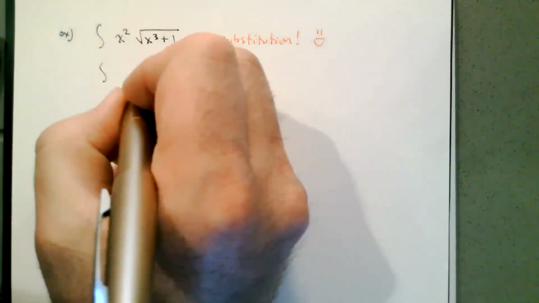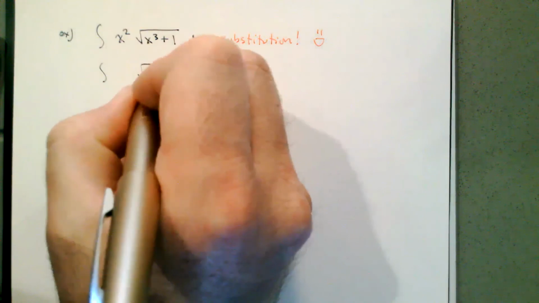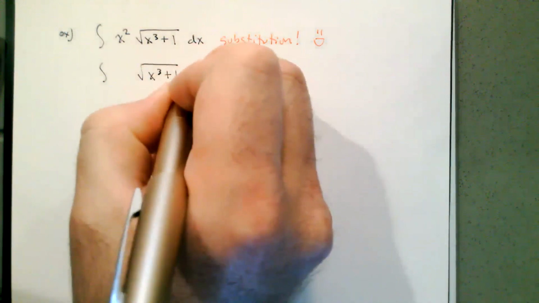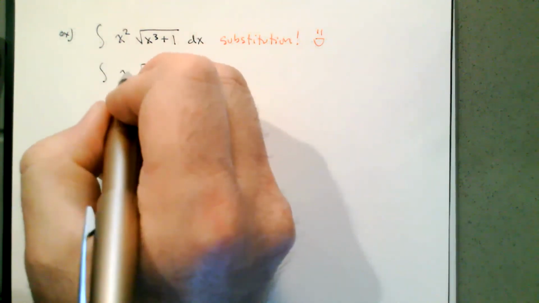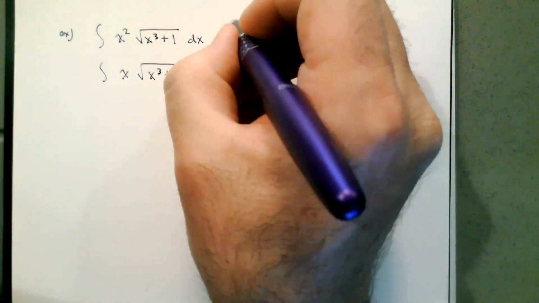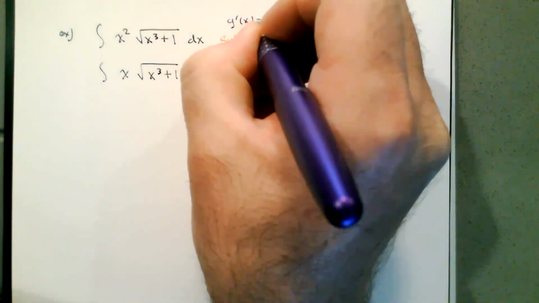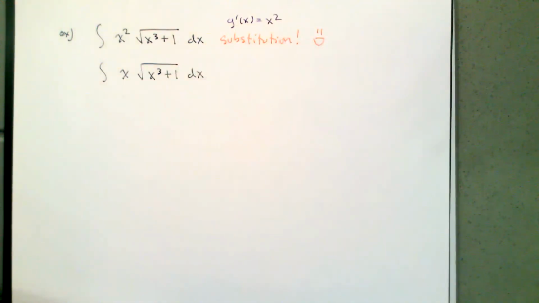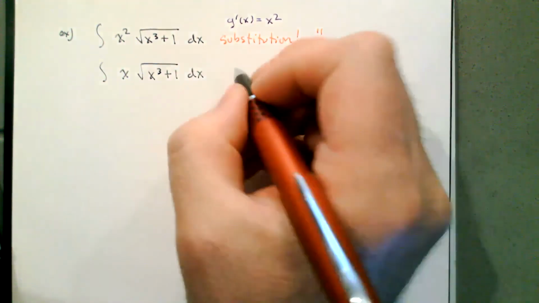But if we have the square root of x cubed plus 1, and we only have an x out here, that's not substitution. I need an x squared. An x cubed inside means that g prime of x needs to be an x squared. So an x on the outside is not substitution.